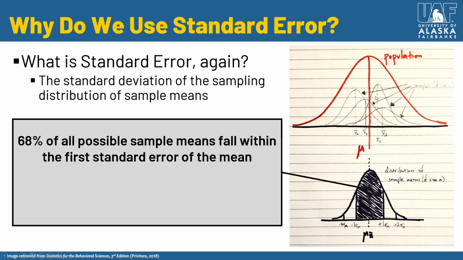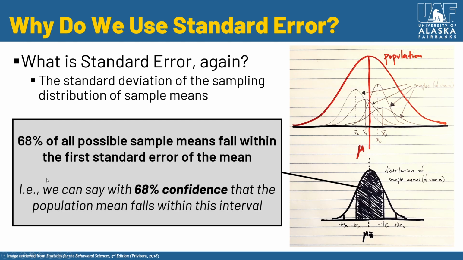To go back to this, if we are considering the standard error as a standard deviation of the sampling distribution, then plus and minus one standard error in this sampling distribution, per the rules of normal distributions that we've gone over previously, represents 68% of the area under that curve. In other words, 68% of all possible sample means fall within the first standard error of the mean in a sampling distribution.